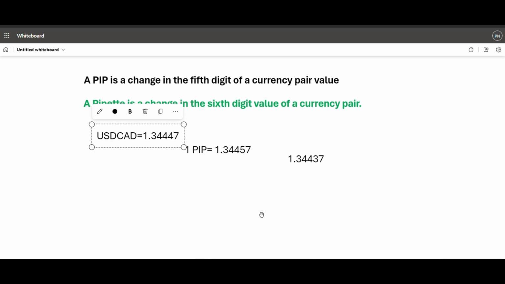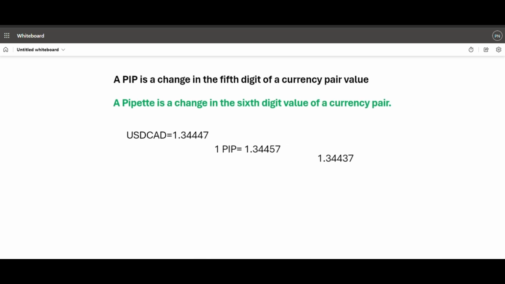So if it moves from here to here, it moves down by 1 pip. Look at the digit there, which is 4. It moves from 4 down to 3. This is moving down by 1 pip, and moving from 4 to 5 is moving up by 1 pip. All right, so that's how we calculate pip movement.